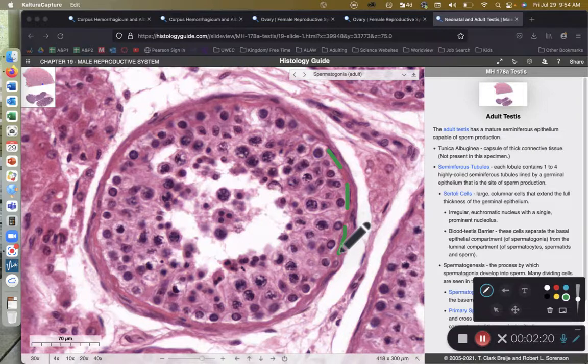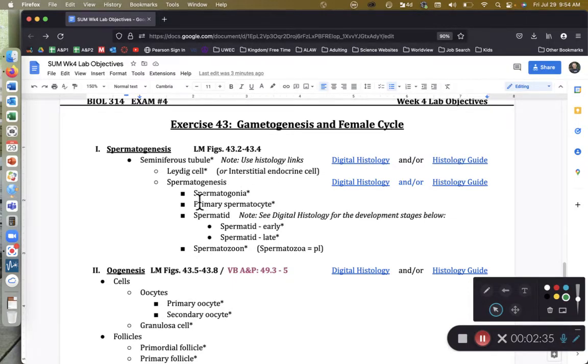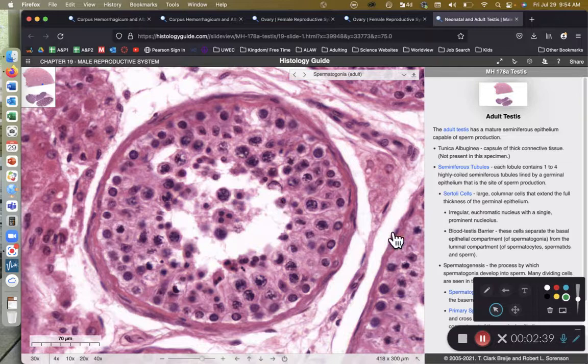Those are the not-sperm cells, the stem cells that we use to ultimately make spermatocytes or sperm in our bodies. The next cell moving in is the primary spermatocyte. When we're looking for a primary spermatocyte, it's going to be right next to the spermatogonia.